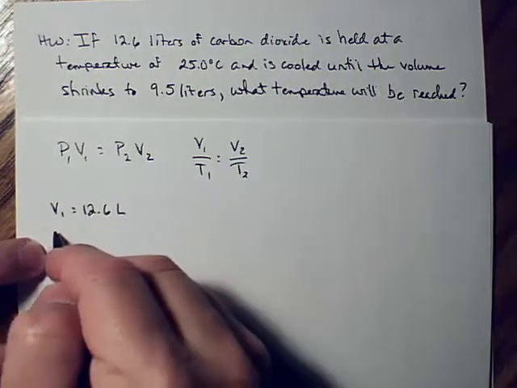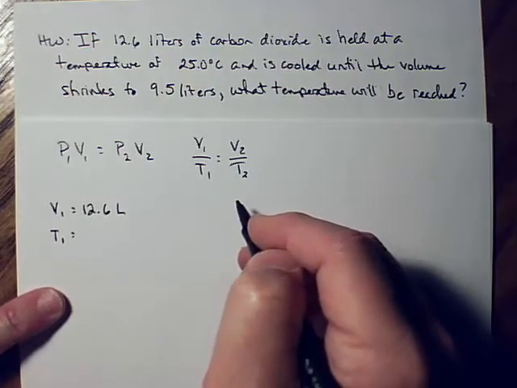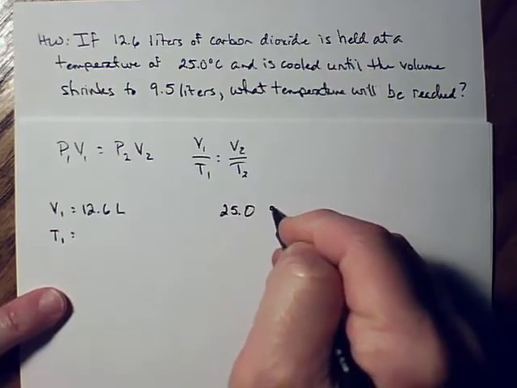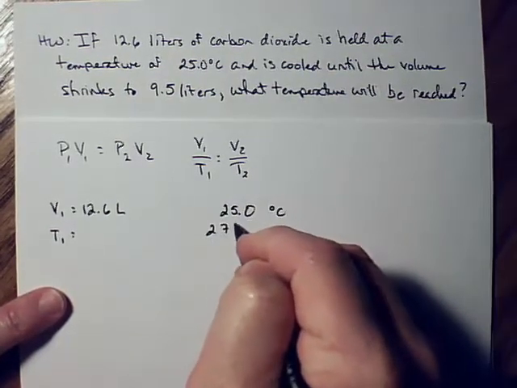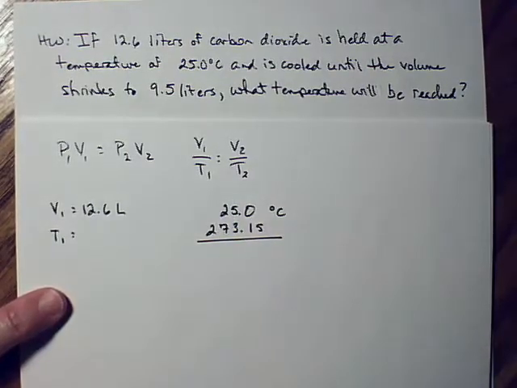Now the problem with that is that you can't use temperature in degrees C. You've got to convert it to Kelvin. So we're going to say 25.0 degrees C and add 273.15 to that. This is the conversion to Kelvin.